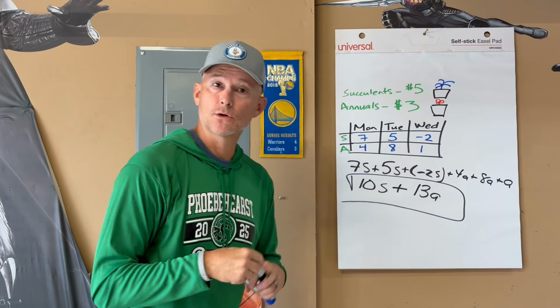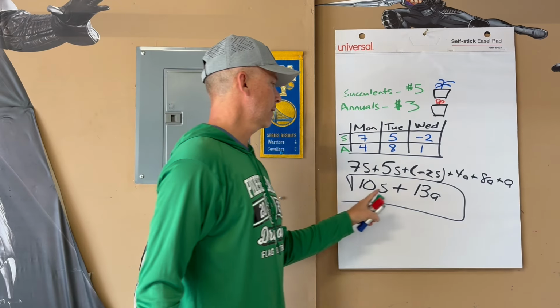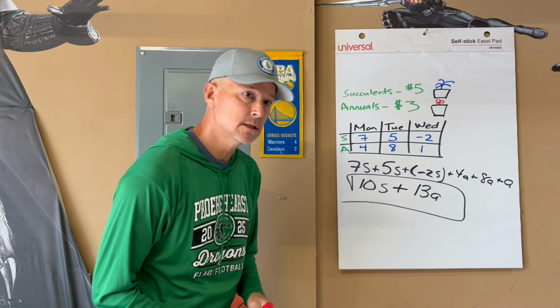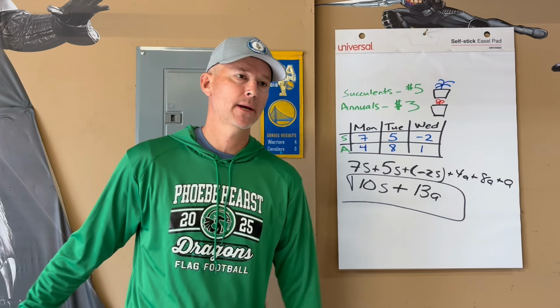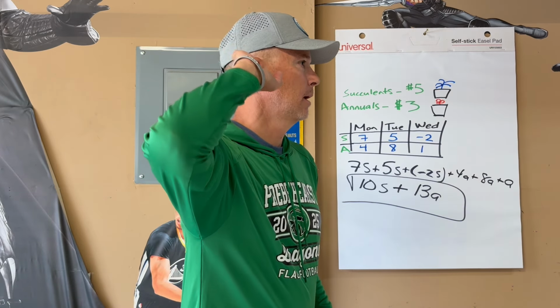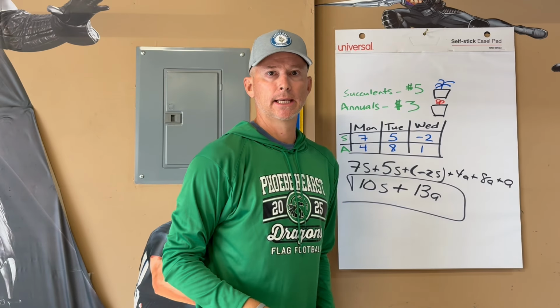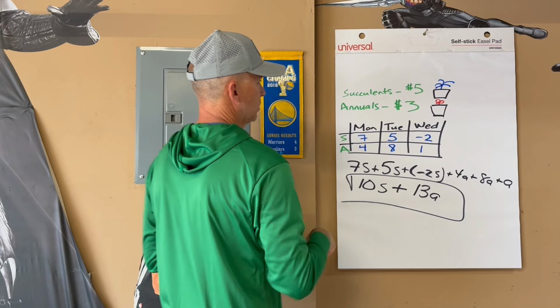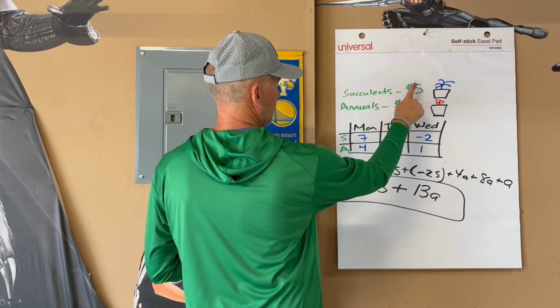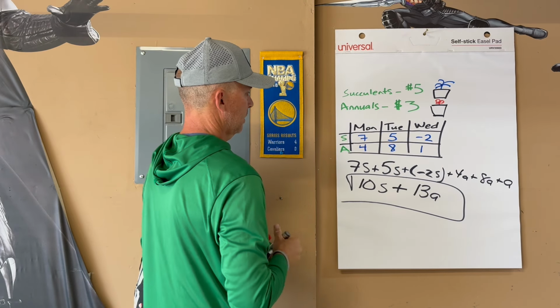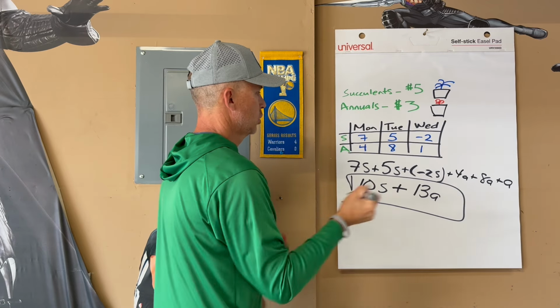I'm going to give you a bonus question. Now that we figured out how many we have sold, how do we figure out how much money we make? Plug it in, plug it in. So, succulents, how much do we make every time we sell a succulent? That's $5.